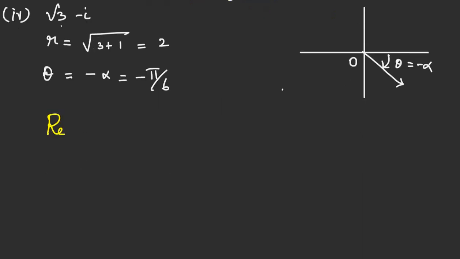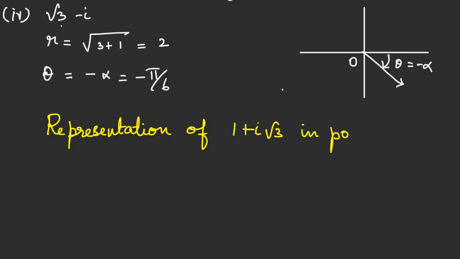Now let us see how to represent a given number in polar form. Representation of a given number, for example, we take the number as 1 plus i root 3, write it in polar form. This is in Cartesian form or rectangular form. We have to write it in polar form. So 1 plus i root 3 can be written as: its modulus value is 2 and theta, the argument value, is tan inverse of root 3, which is equal to pi by 3.